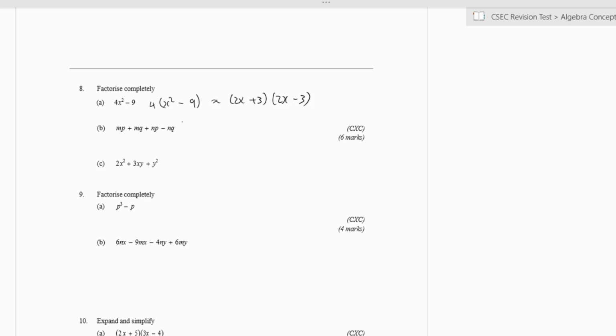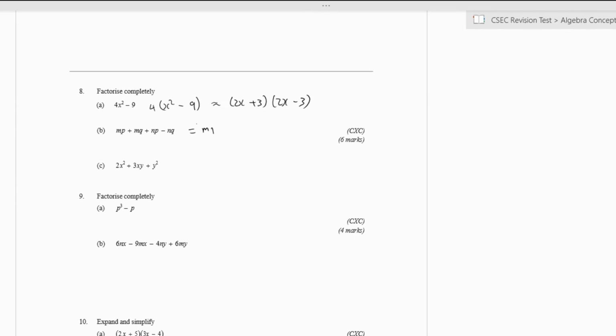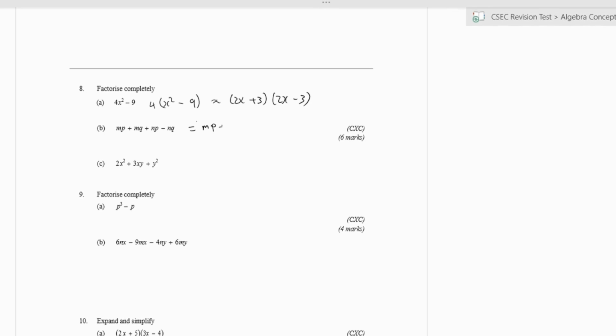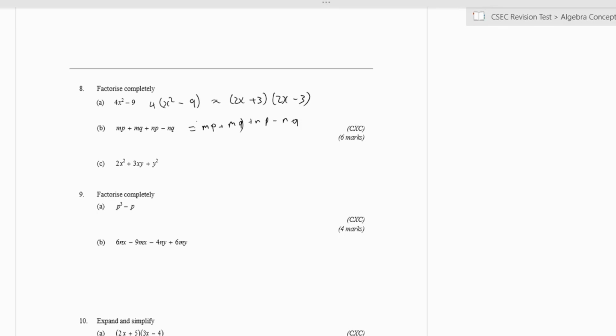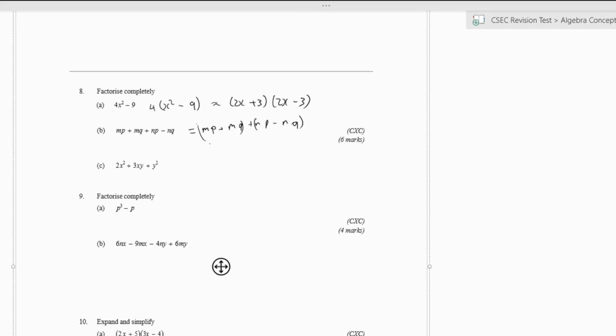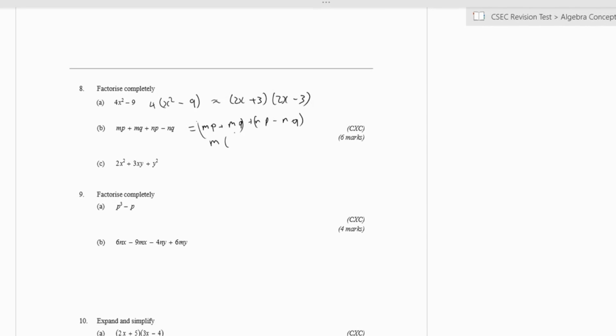Now for this one, factoring by grouping. Factoring out something, we can factor out m, and then we can see that it is p plus q.